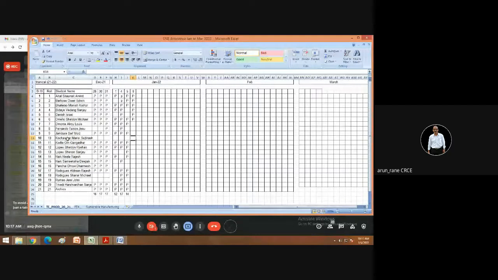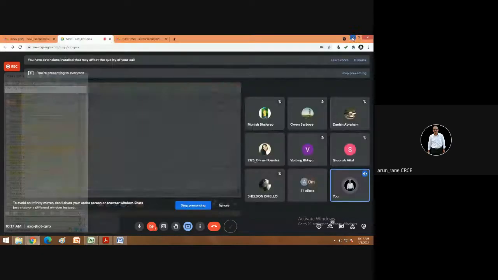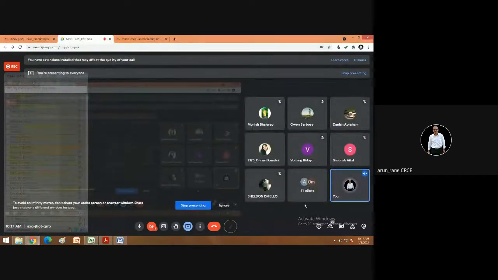Mansi Kozrekar has not joined. Any idea? She has not attended even a single lecture. She was telling me yesterday that she did not attend. She wanted to attend, but she doesn't know how to. I told her to join the group, but she's not in contact. What about other subjects, or is it only production process? No, sir, all the subjects.